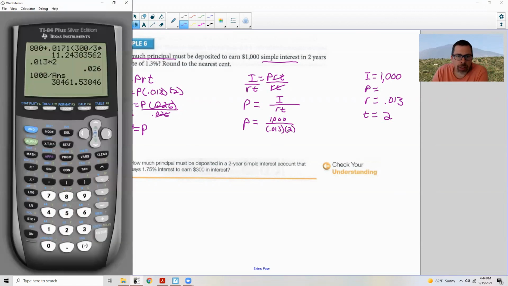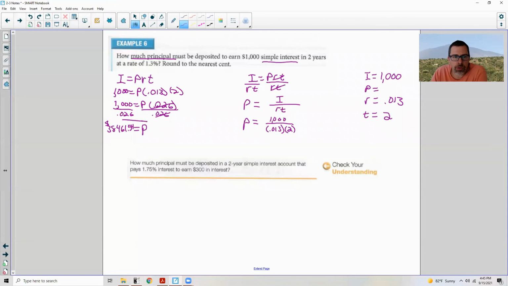If I enter this in my calculator all at once, I go 1,000, divide, and put a parenthesis to combine the denominator: parentheses, 0.013, then another parentheses for 2, close that all up and hit enter, and I got the same value, 38,461.54. Okay, so there is the answer. You choose which way you want to do it. Neither way is wrong. It's up to you.